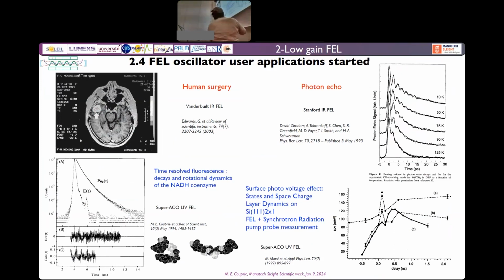So we used the FEL to excite a surface, and we did probe with VUV radiation from an undulator line elsewhere on the ring. So we did propagate the FEL over 80 meters, I would say, above the ring. And we could see surface photovoltaic effect, and we studied different materials.